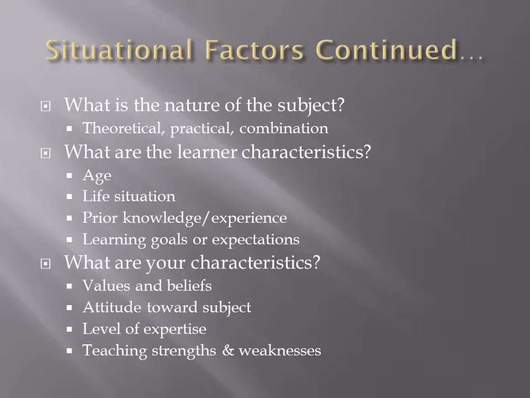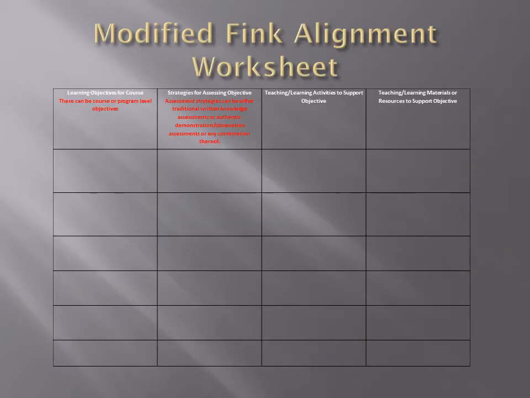Your learning goals or expectations, your own characteristics, your values and beliefs, your attitude towards the subject, your own level of expertise, your own teaching strengths and weaknesses. So, these situational factors can have a huge impact on how you design your course and should.